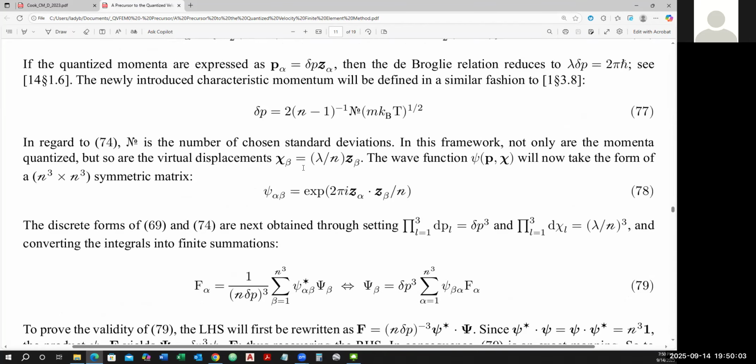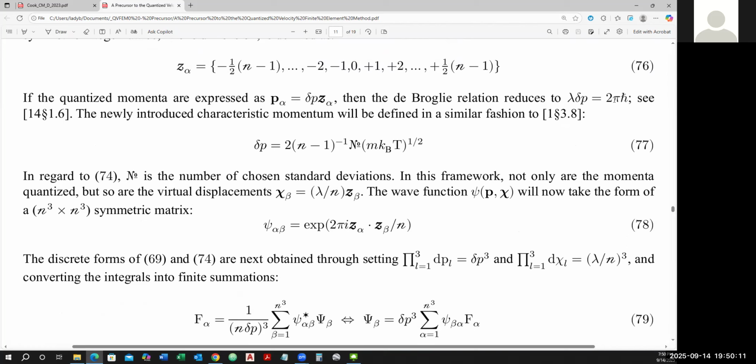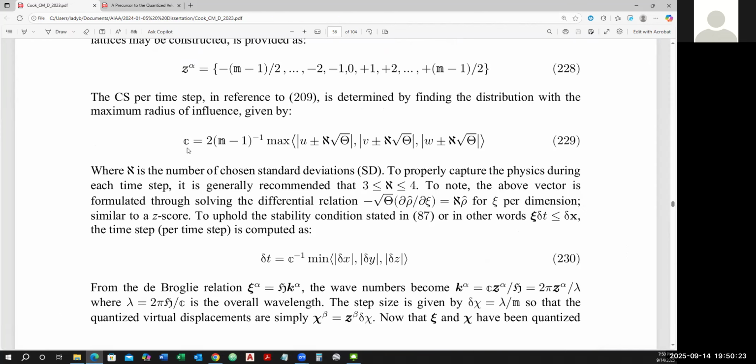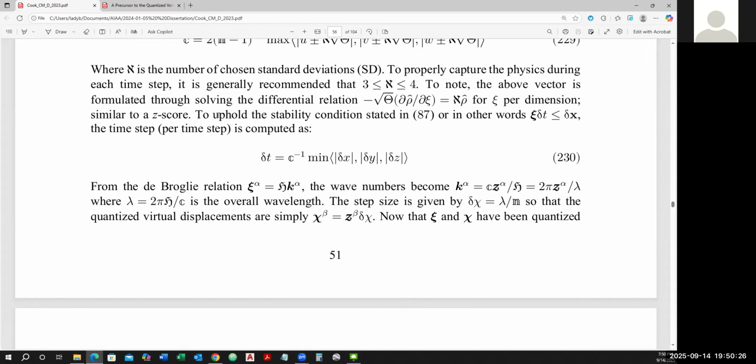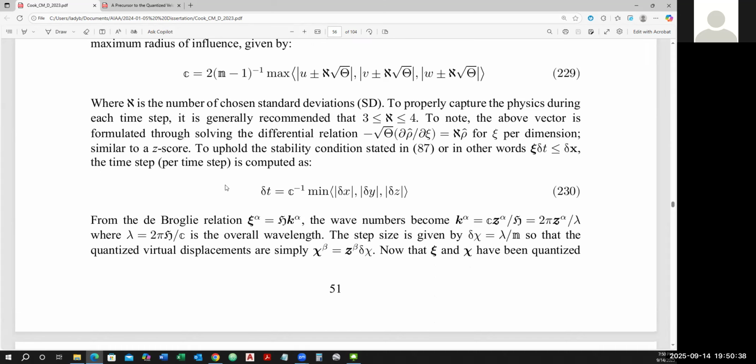After you plug in the formula for the wavelength lambda, so lambda is 2 pi h bar divided by delta p. For us, lambda is 2 pi h specific divided by delta xi, or this c here. Or you could just go into my dissertation. So here's lambda. Here's delta chi, and then here's chi. All the details are found in both of these papers.